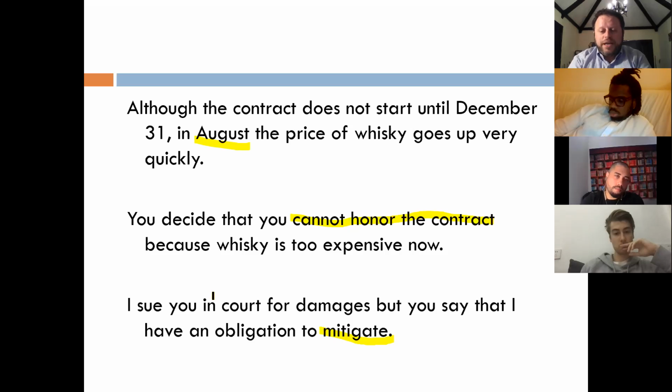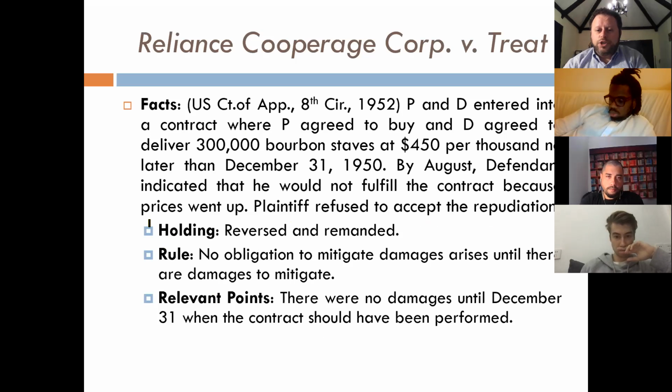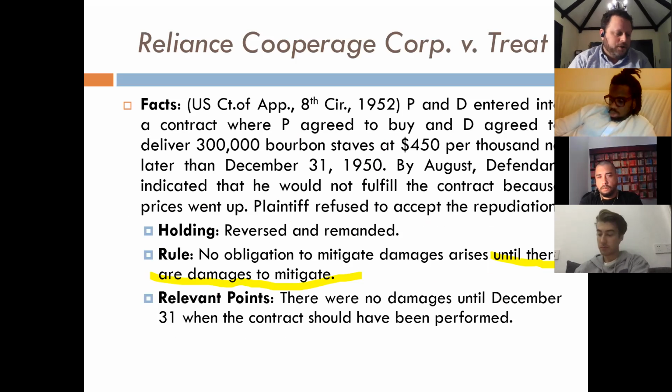So an obligation to mitigate doesn't happen until there are already damages. The facts here are the same. It wasn't whiskey, it was bourbon, but same facts. There were no damages until December 31st. That's when the contract should have been performed.